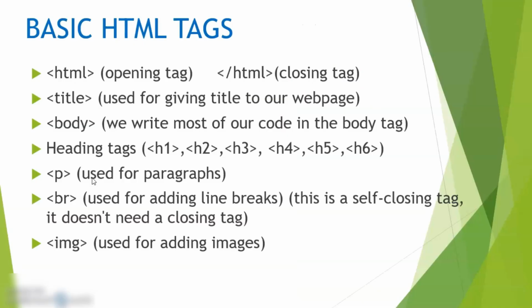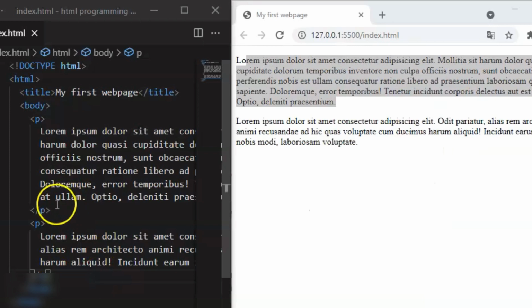Now the next basic HTML tag is the line break tag. Now this is used for adding line breaks. Now this is a kind of special tag because this is a self-closing tag. So that means it doesn't need a closing tag. Now let's see this in Visual Studio Code. Alright, now in Visual Studio Code, let's just say that we need space between these 2 paragraphs.